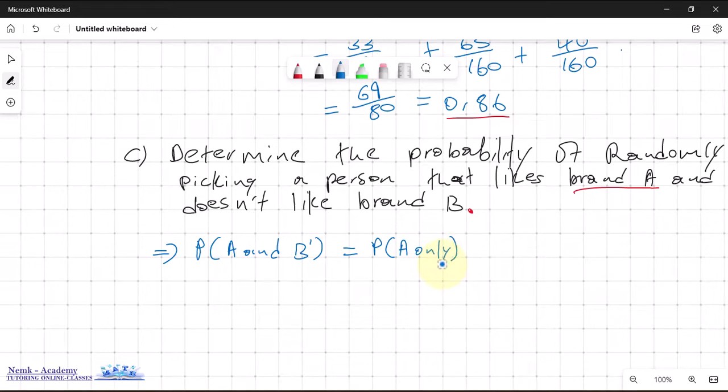We're not looking for B, which equals 33 over 160. What is the answer decimally? 0.21.